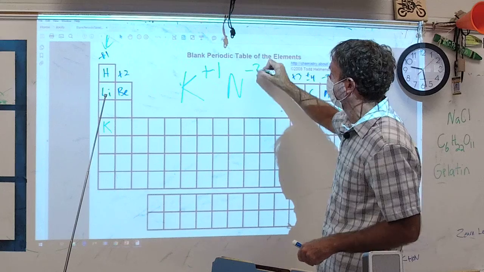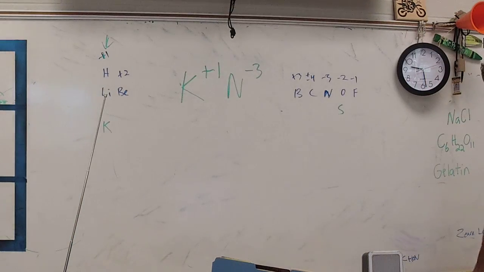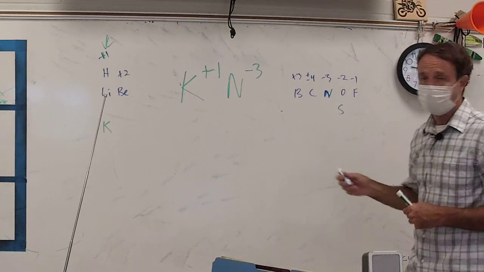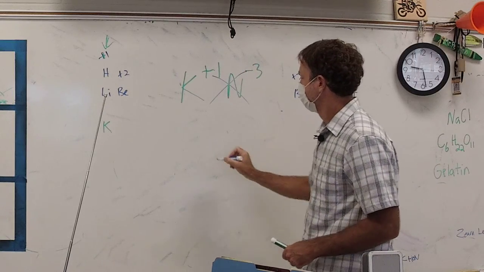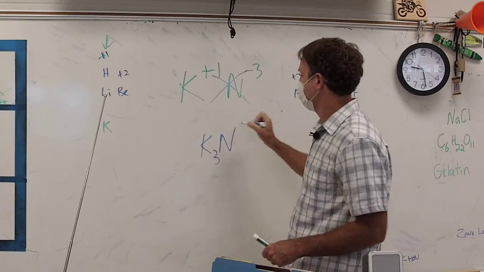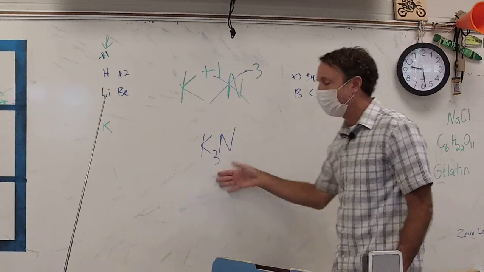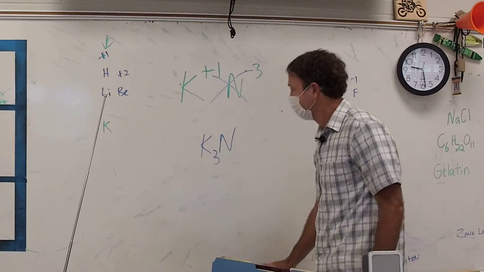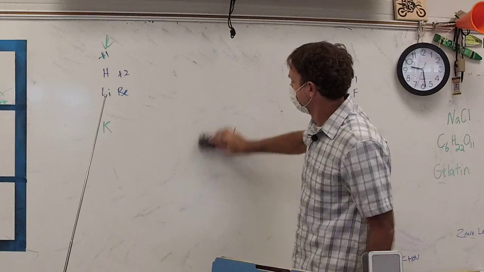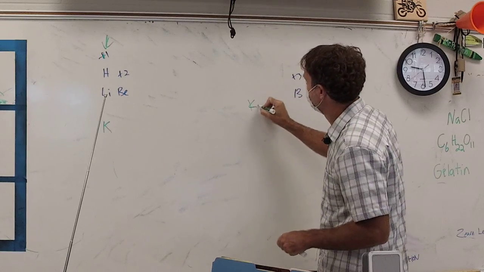Nitrogen is -3. Very simply, we've looked up our numbers. Ready? Crisscross. K3N. Does that make sense to everybody? That's how simple it is. And why is it K3N? Let's watch.